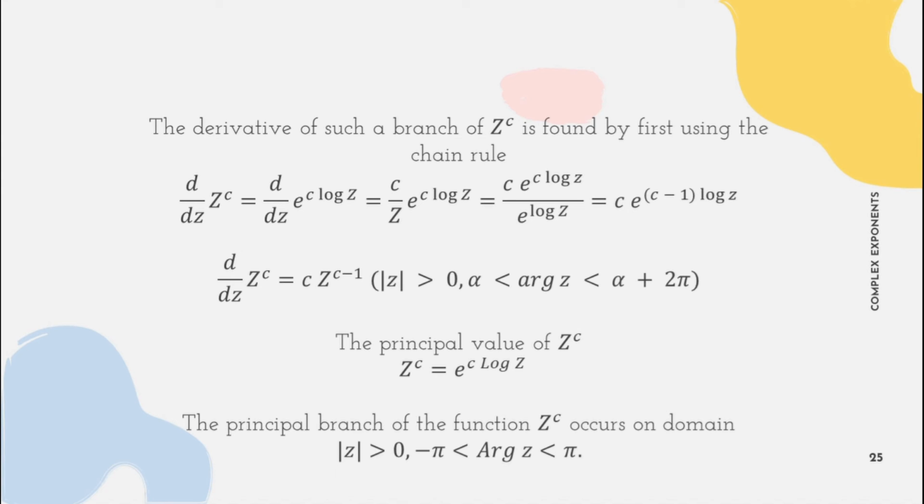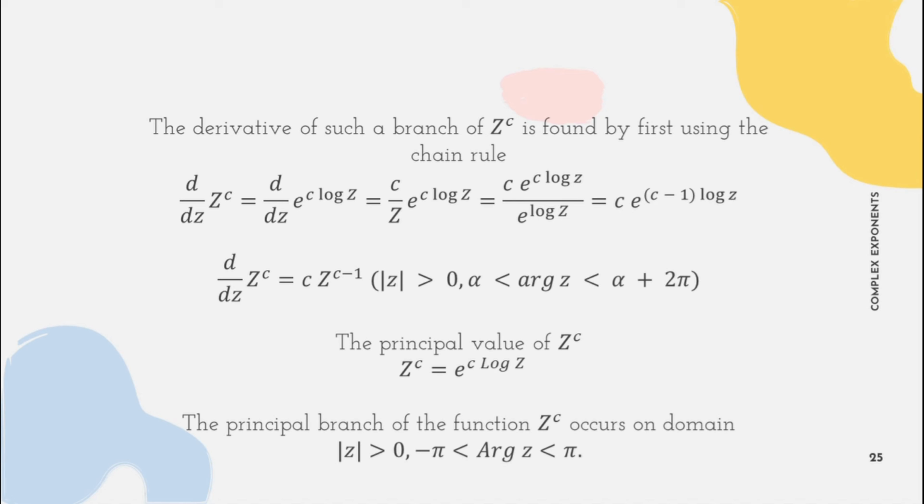So, the derivative of exp(c log z) is equal to c over z times exp(c log z). Since z is equal to exp(log z), the equation changes into c times exp(c log z) over exp(log z). The solution will be c times exp((c minus 1) log z).